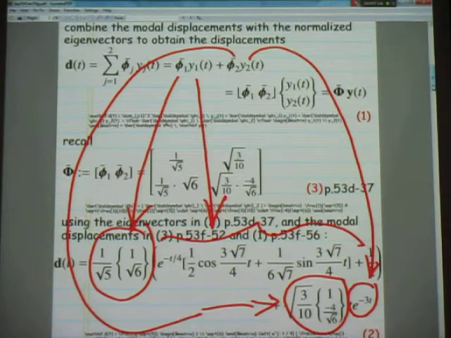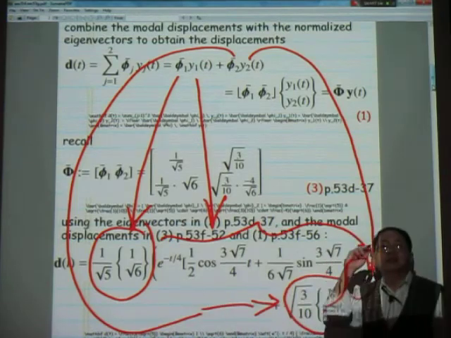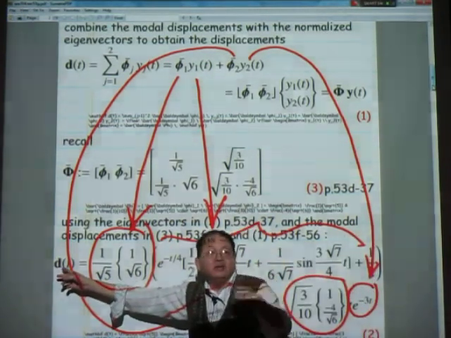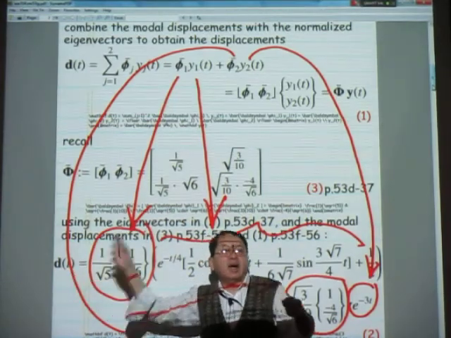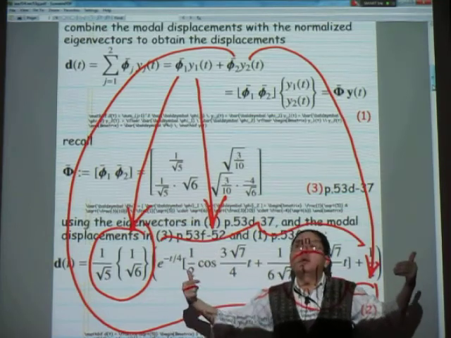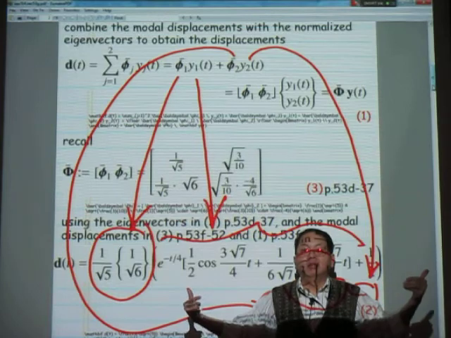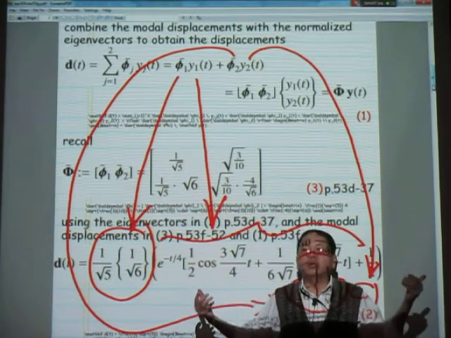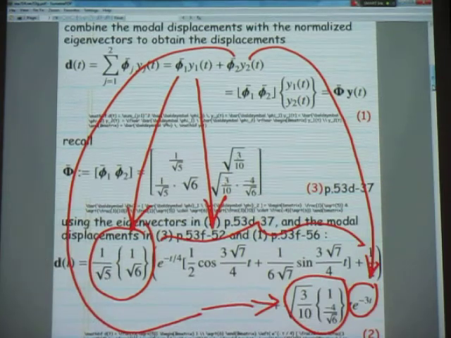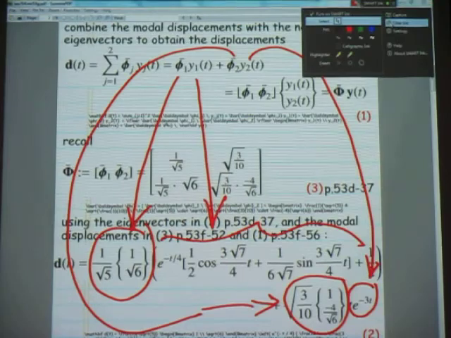All I did is put all of the results that we obtained together to have this matrix that contains d1 and d2. These are the displacements of the mass m1 and mass m2 in the original physical coordinates, not the abstract modal coordinates y1 and y2. See? And so now the next step is to plot.